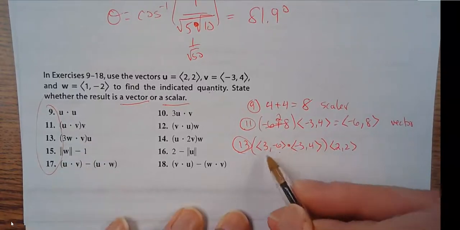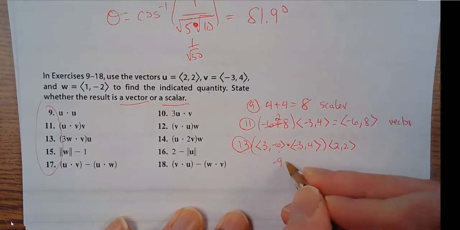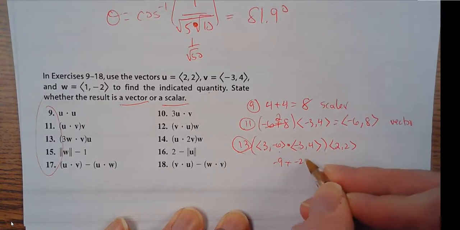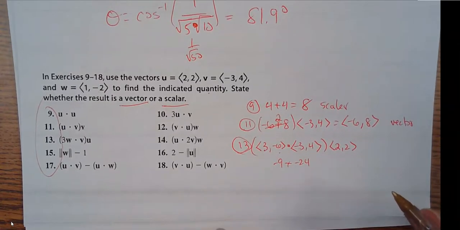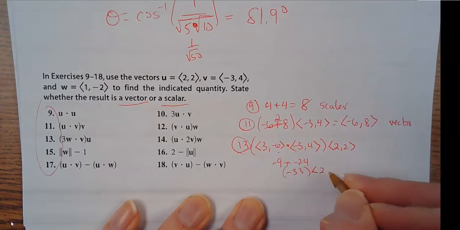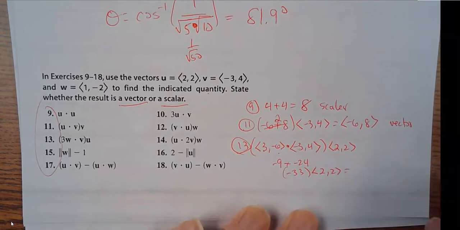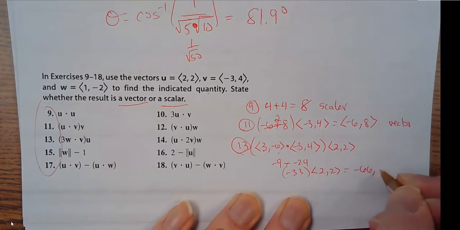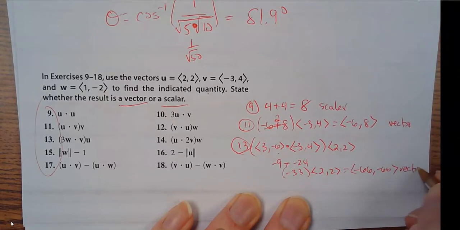So dot product with these would be negative 9 plus negative 24, which is negative 33. So it'd be negative 33 scalar times the vector 2, comma 2, which is going to be negative 66, comma negative 66. Again, that answer is a vector.